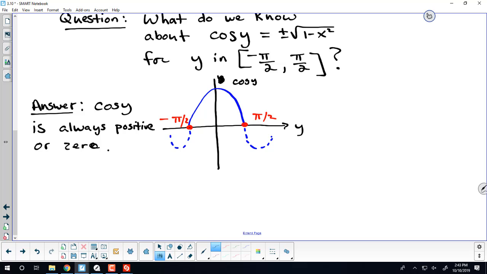That is, cosine of y isn't the plus and minus square root. It's just the square root. Since it's always positive, no way it can be negative square root.